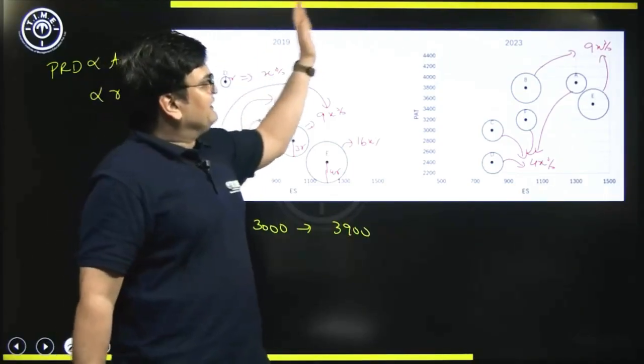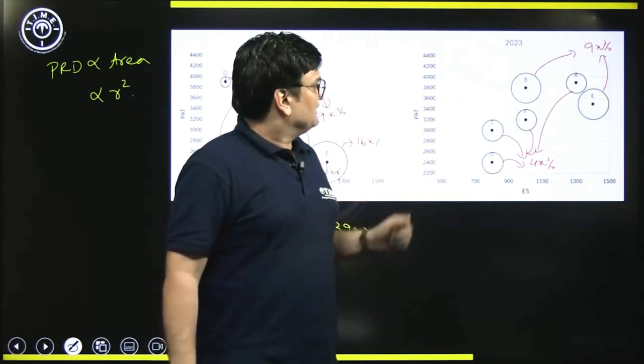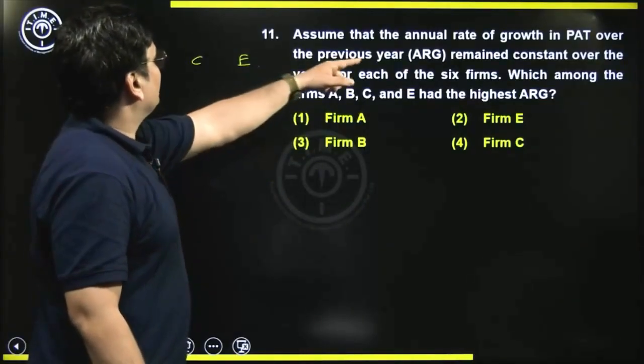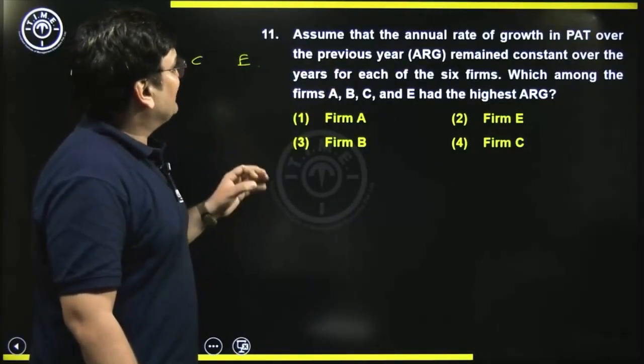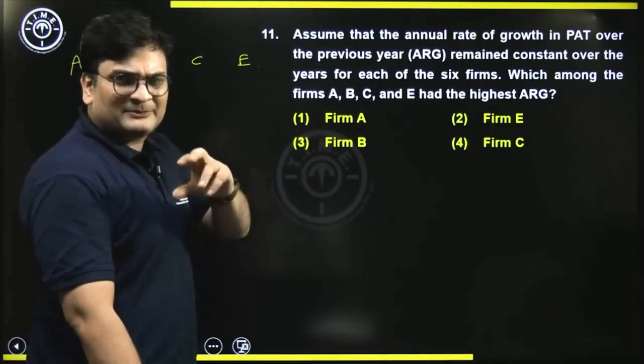From 2019 to 2023, each year it increased by some constant percentage. He says the annual rate of growth in PAT over the previous years remains constant for each of the 6 firms, so that means it didn't change.